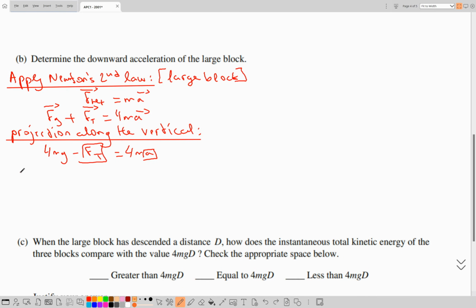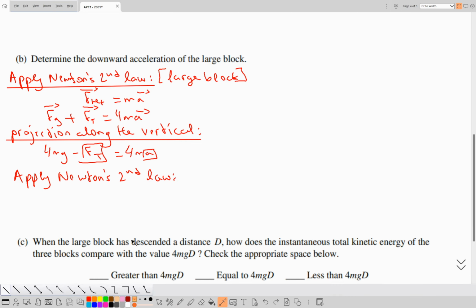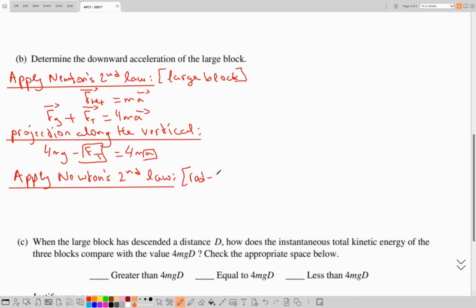So now again let me apply Newton's second law for the rod and block, and that is given by the sum of torques equals I multiplied by alpha.